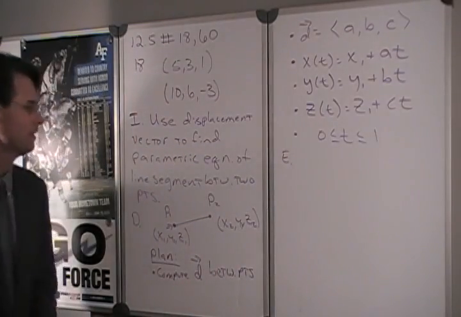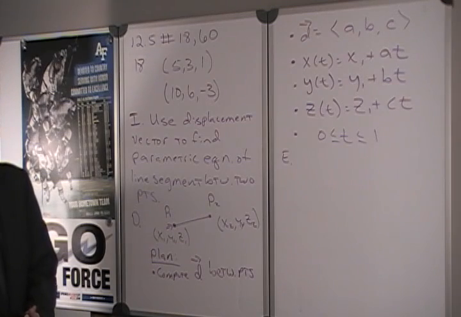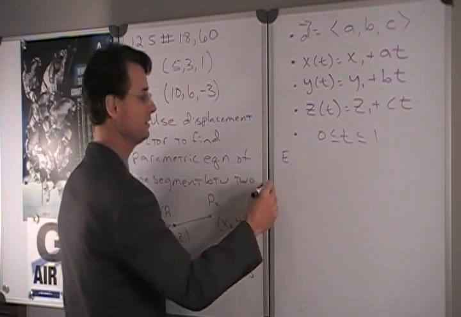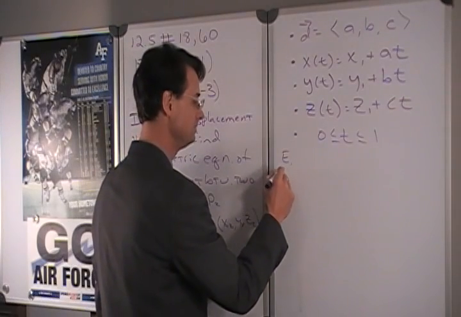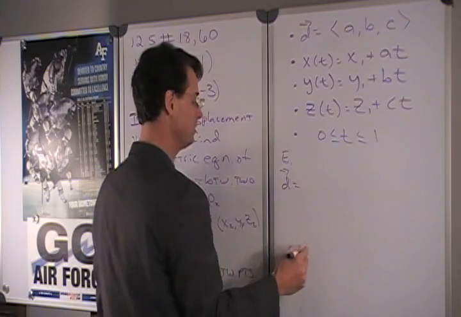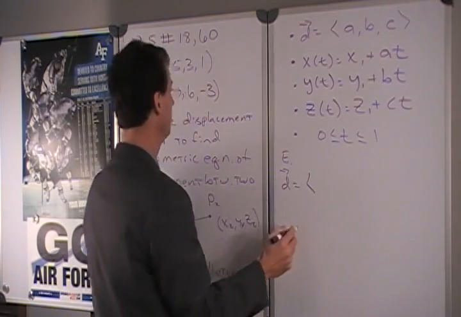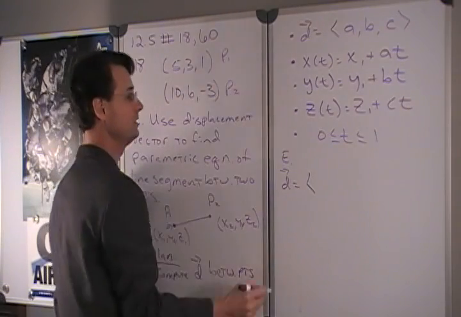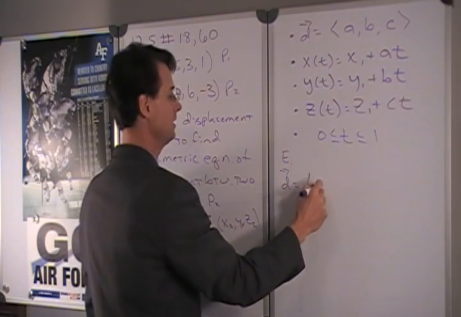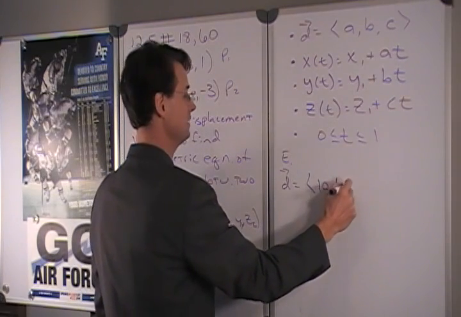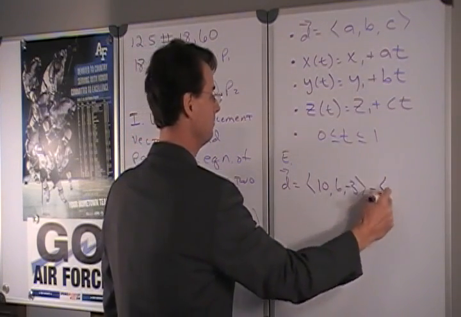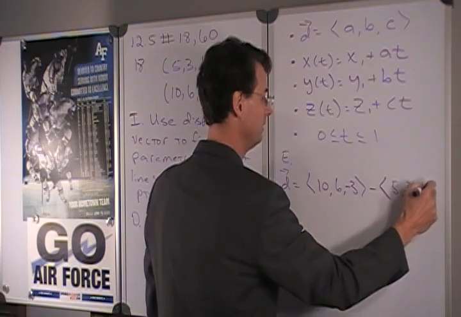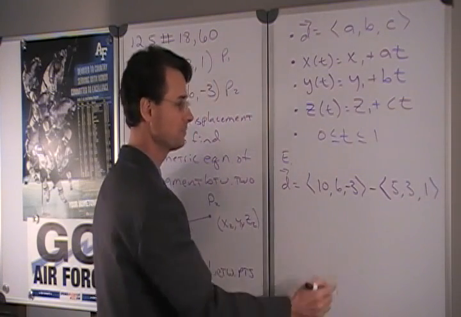Now, to evaluate, let's go ahead and compute this displacement vector. D is going to be, well, the vector, and this is P1 and this is P2, so it's 10, 6, -3 minus 5, 3, 1.